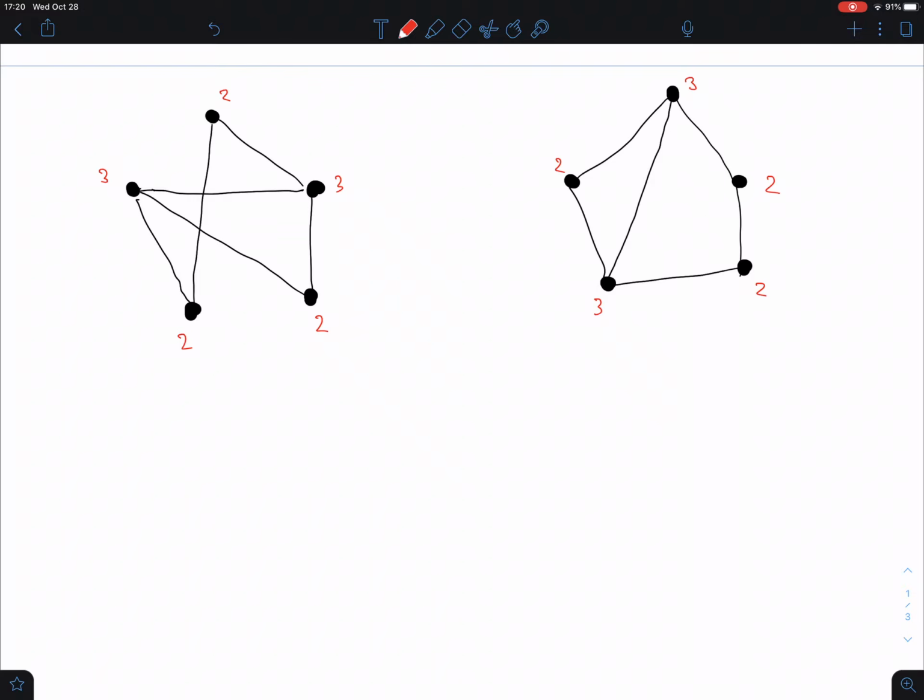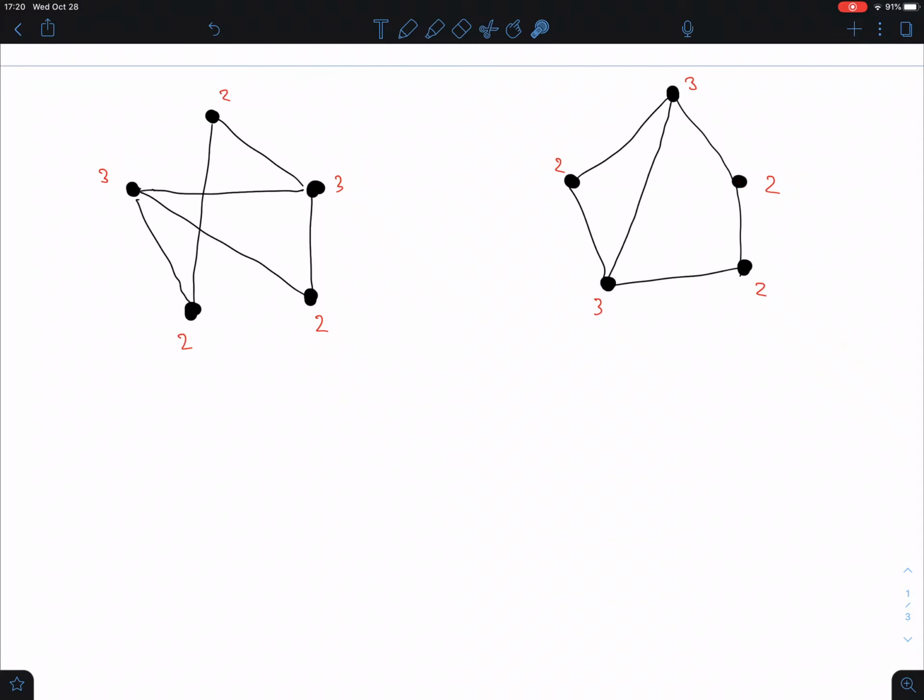The same degrees, so that works out. What about the neighbors of the degrees? Let's look at the degree sets. I'm not going to write it down. This degree 2 vertex has neighbors of degree 3 and degree 2. This one has a degree 3 and a degree 3. This one has a degree 2 and a degree 3. So we had 2, 3, and 3, 3, or 2 different combinations.